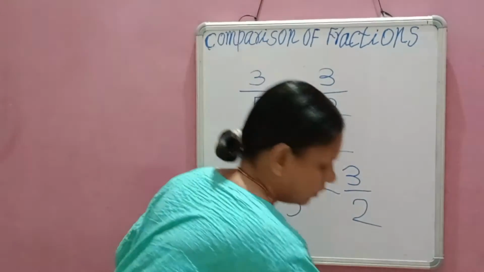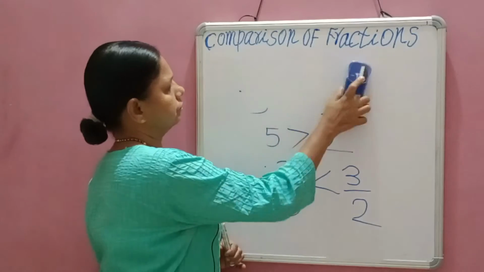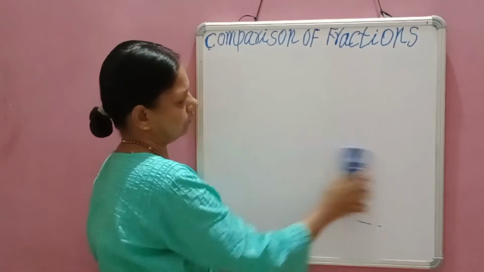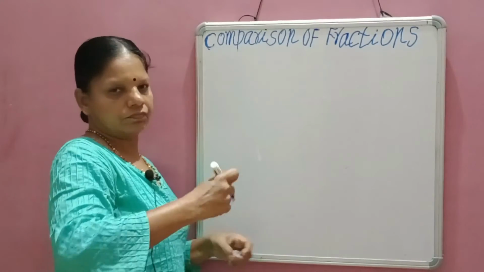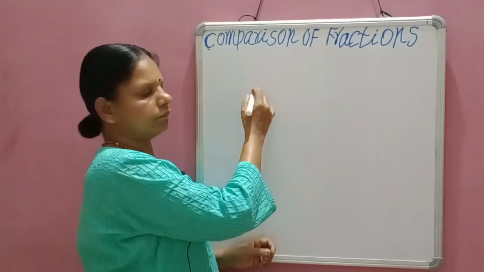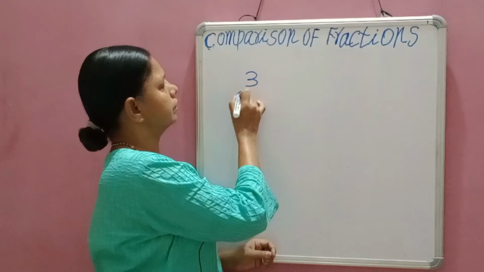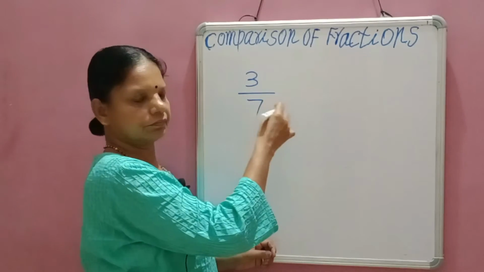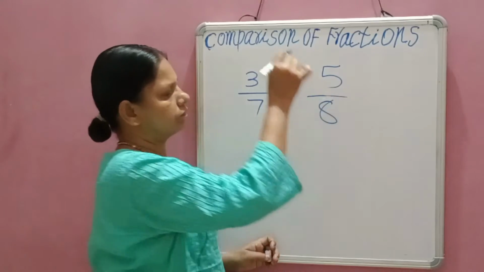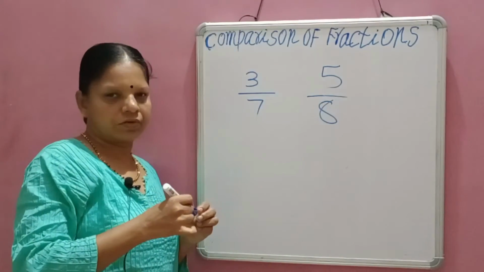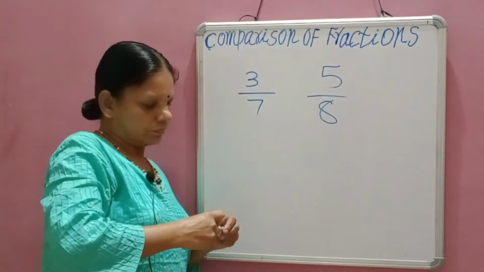Clear this? Now when both are different, both the numerators and denominators are different. For example, here both are different. What do you have to do?